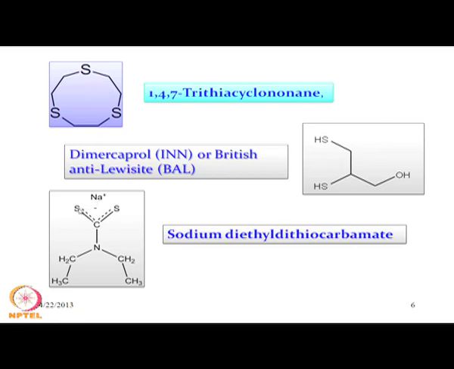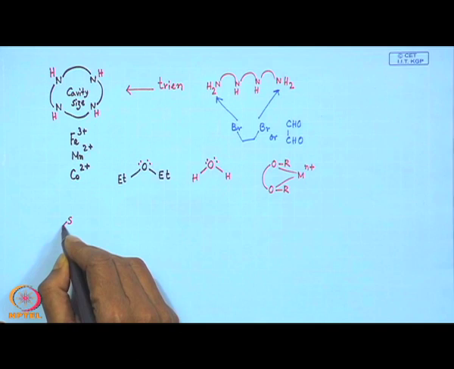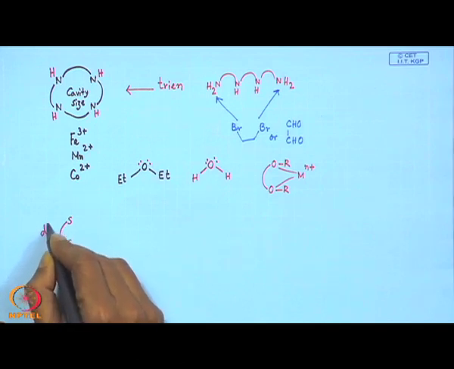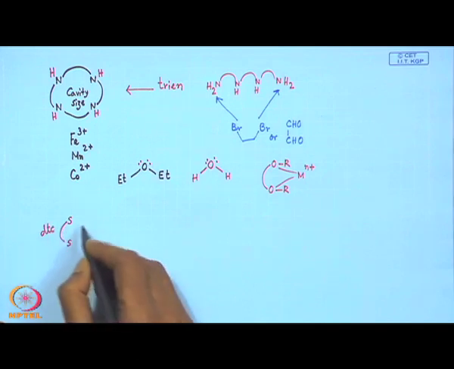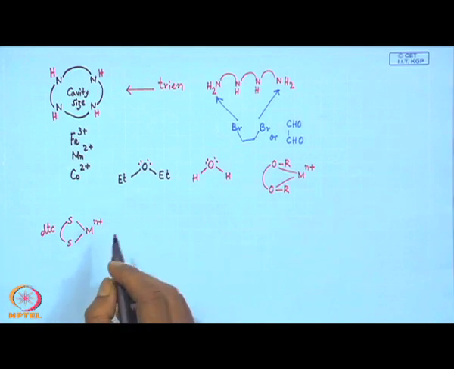And like this, this ligand also binds through these two sulfur atoms. So, when these two sulfur atoms bind to the metal center, it is basically providing a bidentate sulfur ligand to the metal center. So, S and S, which is coming from dithiocarbamate, binds to the metal center through sulfur.